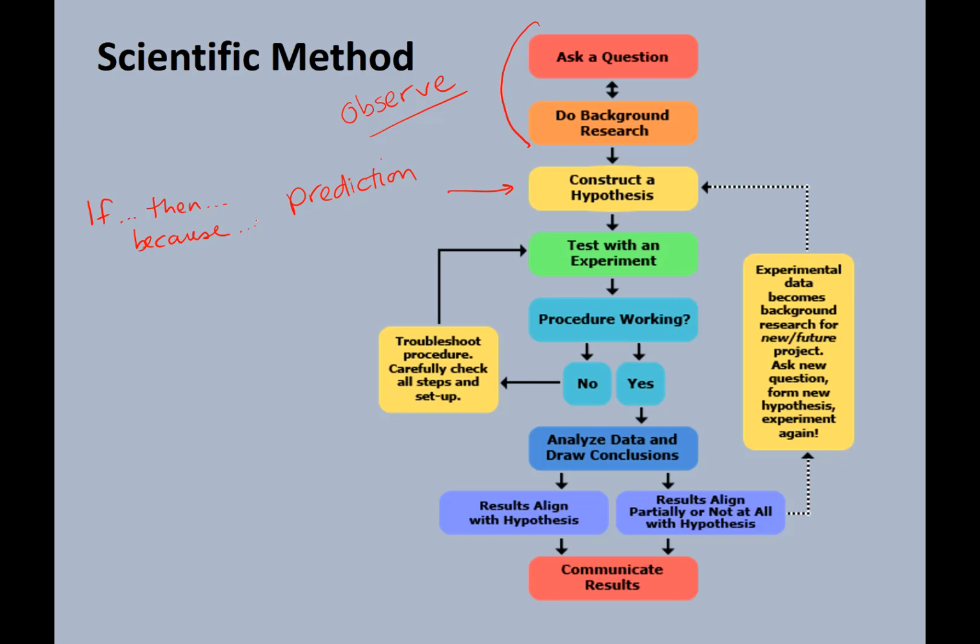If I study a little bit every night, then I should earn an A or B in this class because I'm learning the material and not trying to cram it. So we all do the scientific method every day. We just don't think about it so formally. And what we always do too is we test it. Experiments.